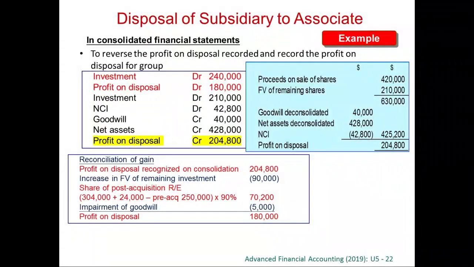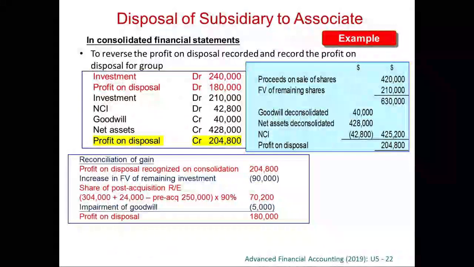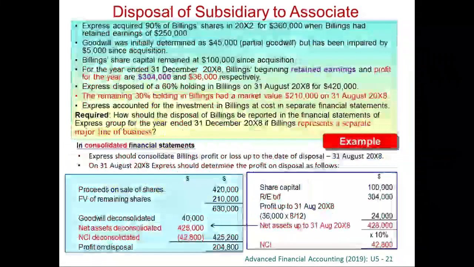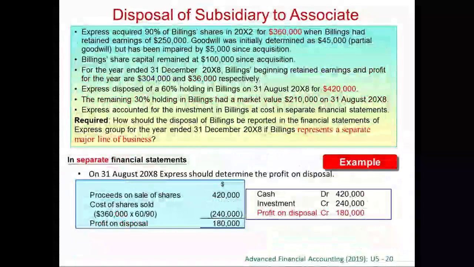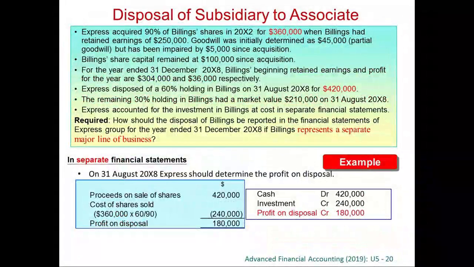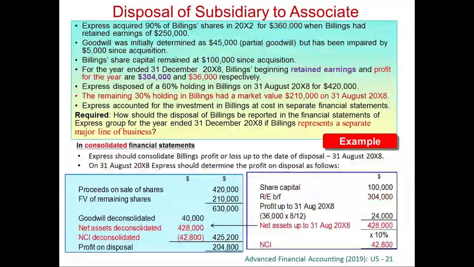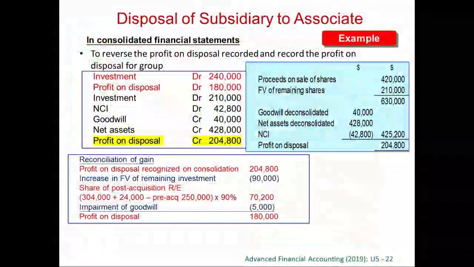Actually, we should be able to reconcile. If you can still remember, the profit on disposal recorded by the parent is 180,000. This is what the parent has recorded in its own book. Now you say that this is 204,800.